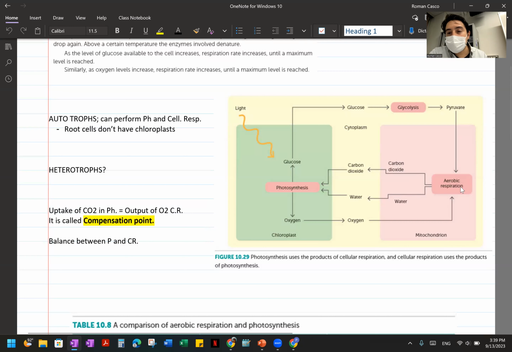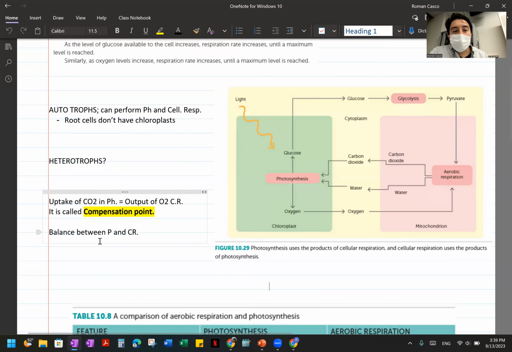So these products from cellular respiration, carbon dioxide and water, ultimately leave the heterotroph, for example, and would go to an autotroph here to be photosynthesized, or even within the same individual, right? This process occurs. So ultimately, the products of one reaction become the reactants of the other.